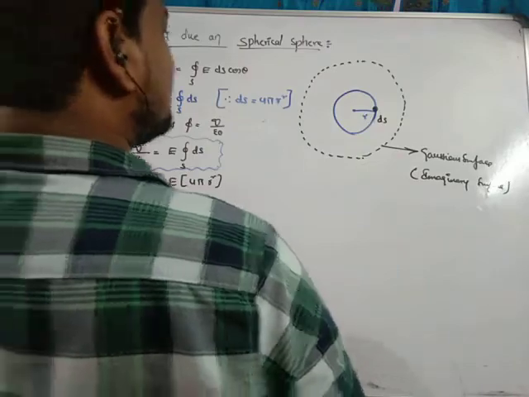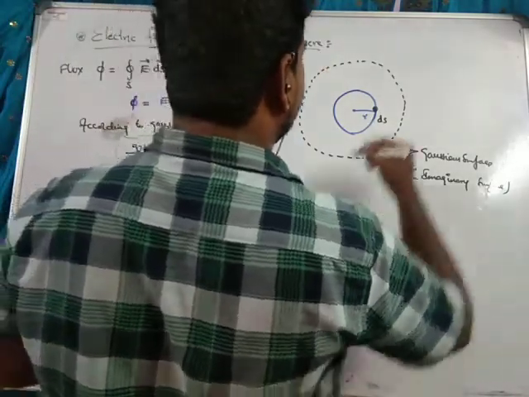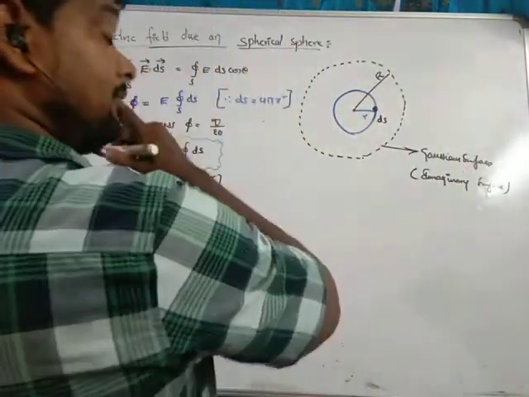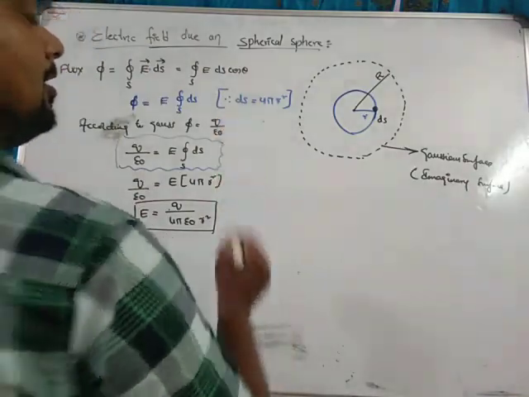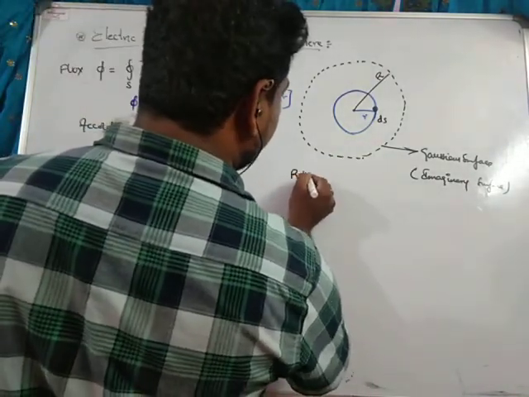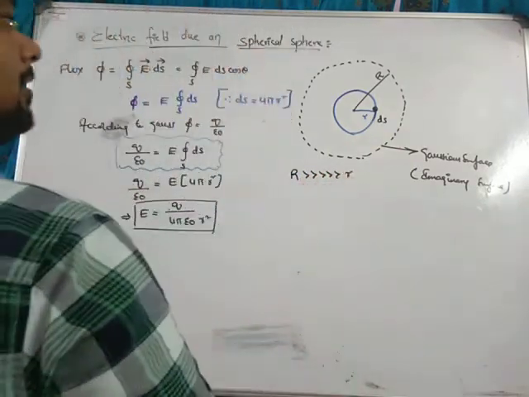Consider the imaginary surface has radius capital R. From the above expression, it is clear that capital R is more when compared to the smaller r.